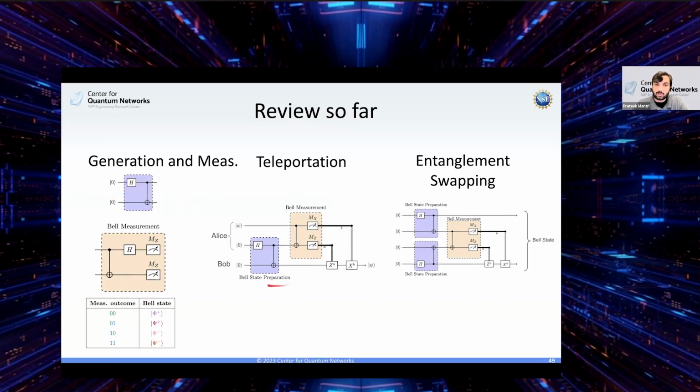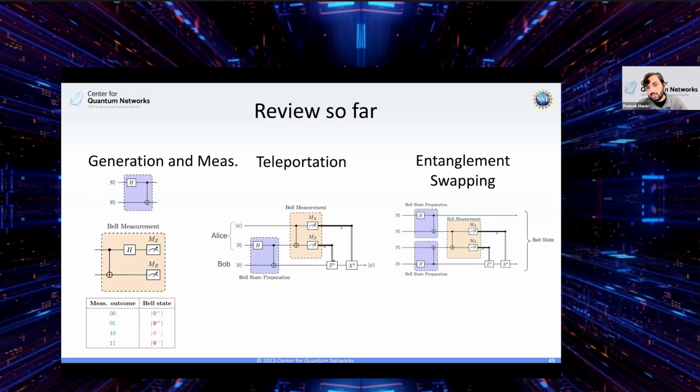We also saw teleportation, where we use this Bell state preparation device, send one of the qubits to Alice and the other qubit to Bob, and then we do this Bell state measurement on the qubits held by Alice, the state psi which is held.